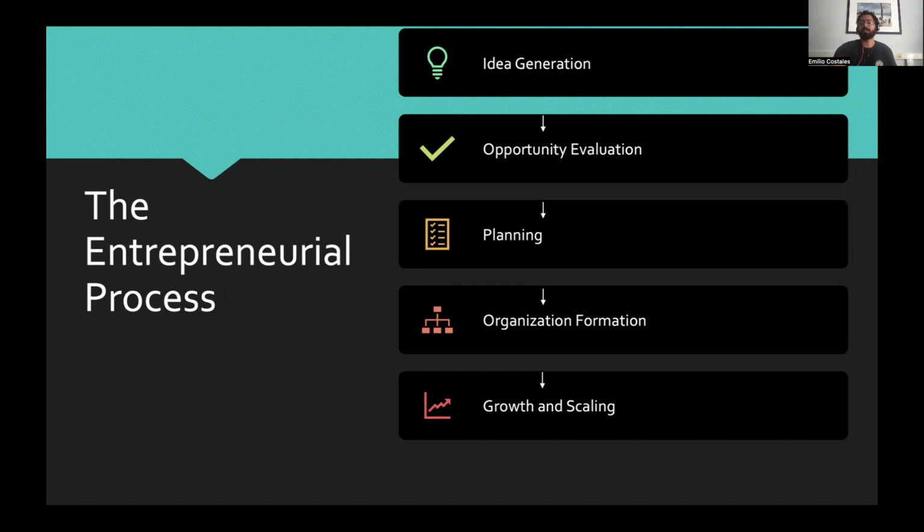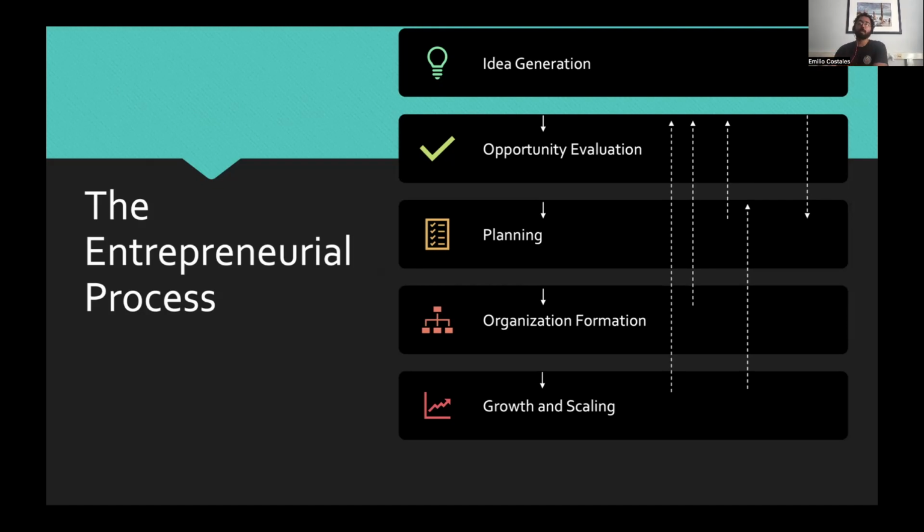Now, as you might imagine, the process isn't actually this linear, right? It tends to be very iterative and it tends to look like this kind of back and forth, trial and error. Similarly, the process and where we go within these iterations is strongly influenced by the individual entrepreneur.